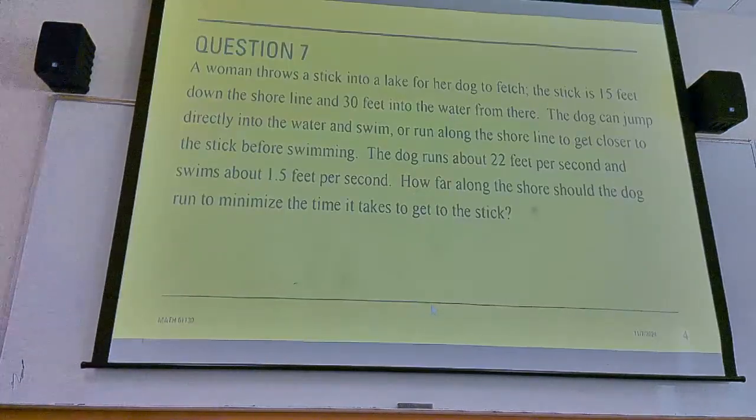Physics problem. So a woman throws a stick into a lake for her dog to fetch. The stick is 15 feet down the shoreline and 30 feet into the water from there.